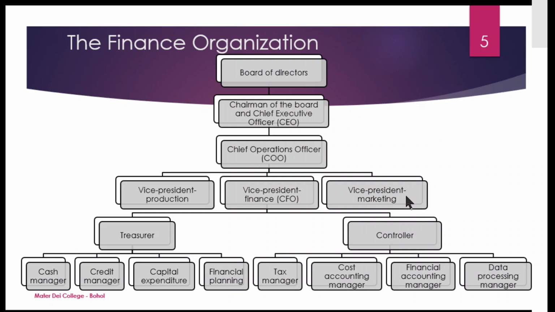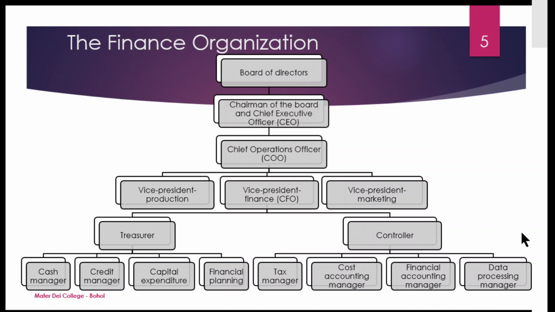for marketing. And under the CFO, since we're talking about the finance organization, we'll focus on the departments under the vice president for finance or the CFO. We have the treasurer and the controller. What's the difference between the treasurer and the controller? Okay, the treasurer is in charge of the custody of the company's assets. So if you're the treasurer in class, then you're holding the assets of your class.